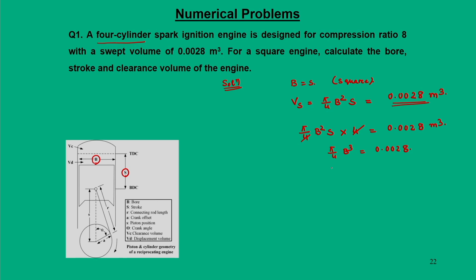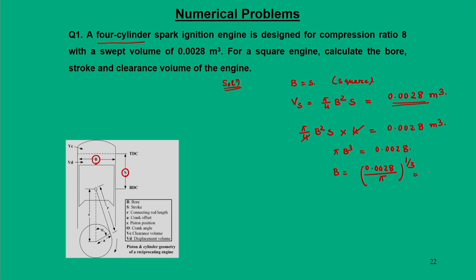By solving, we get B as 0.0028 divided by pi, to the power 1 by 3.